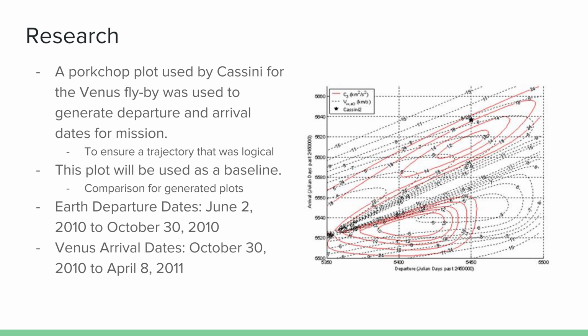This plot is around 2010, so this porkchop plot was never actually used, but it was generated for that mission. And this plot is basically just going to be used as a baseline for comparing my other results to. So the Earth departure dates are June 2nd, 2010 to October 30th, 2010. And we arrive at Venus on October 30th, 2010 to April 8th, 2011.